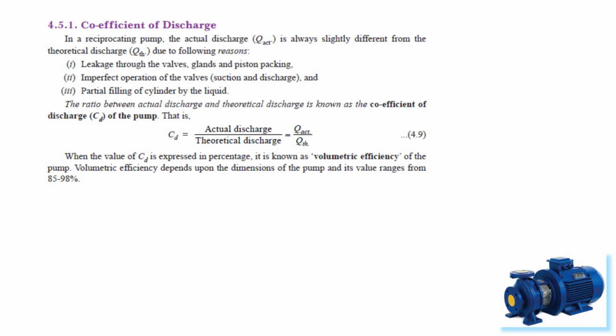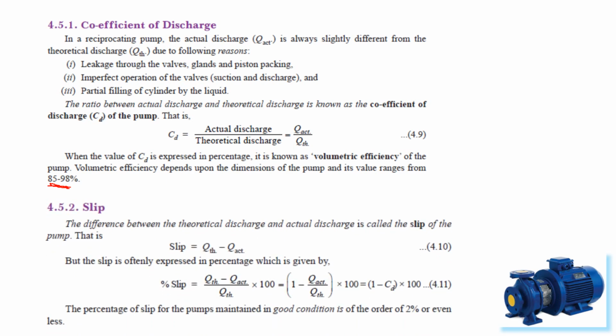When the value of CD is expressed in percentage, it is known as the volumetric efficiency of a pump. The range for this pump is a volumetric efficiency of 85 to 98 percent. Next, we are going to see about slip. Slip means the difference between theoretical discharge and actual discharge.